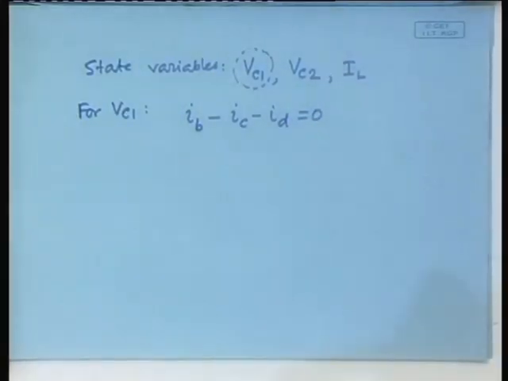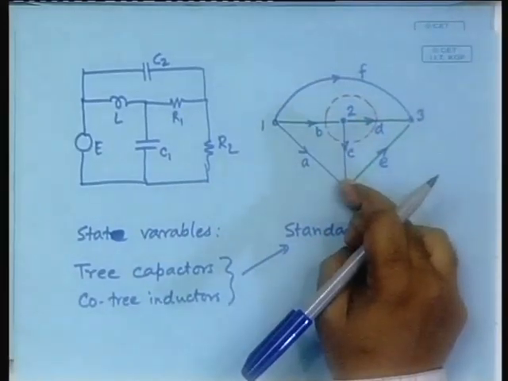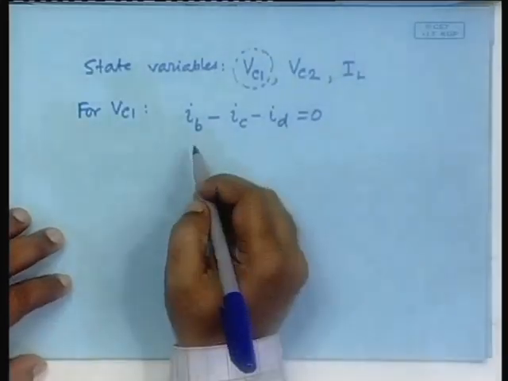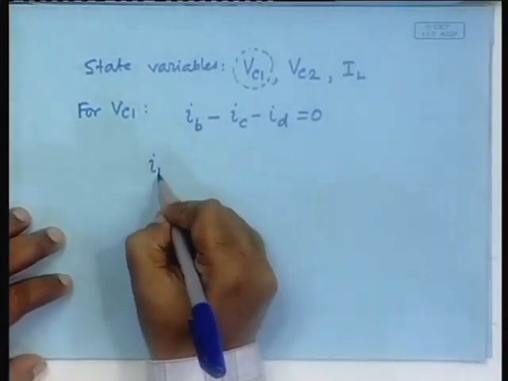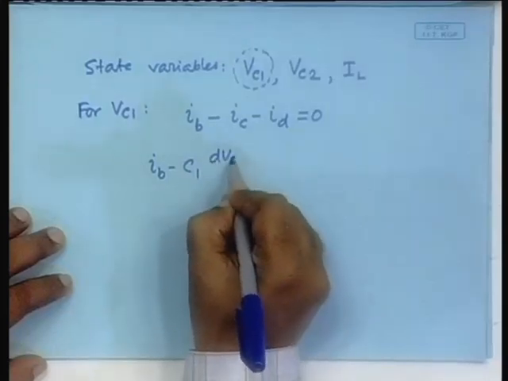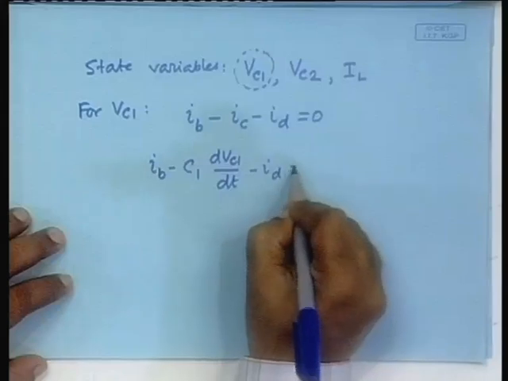So, that is the starting point. We can easily identify that IC is C dV dt, clear. So, immediately that gives, we will write IB minus C1 dVC1 dt minus ID is equal to 0.